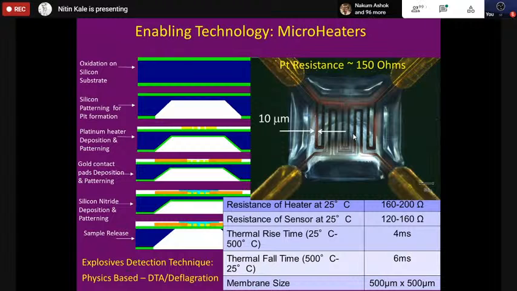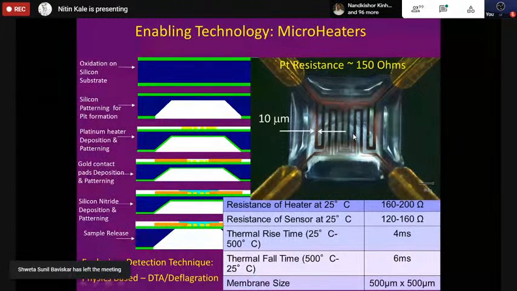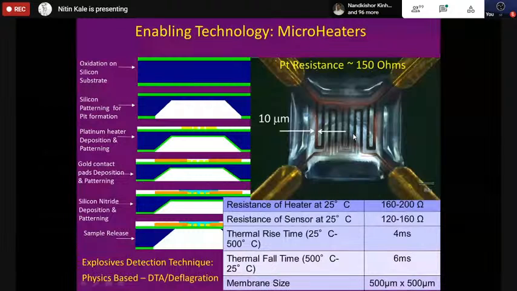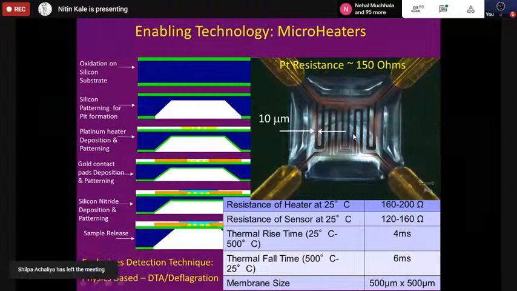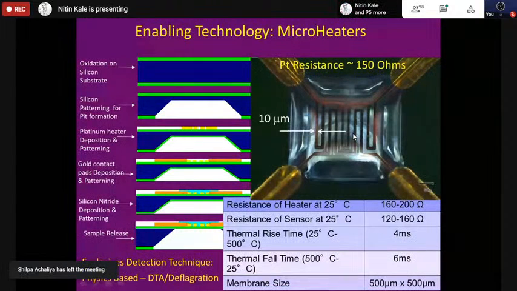This particular region is the membrane region. The thickness of the membrane in total is less than 1 micron. At the bottom side, you have silicon dioxide. At the top side, you have silicon nitride. And in between, you have these two zigzags. One is the heater part, and the second is the thermometer part.